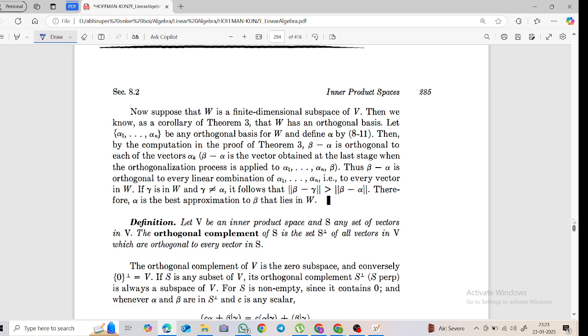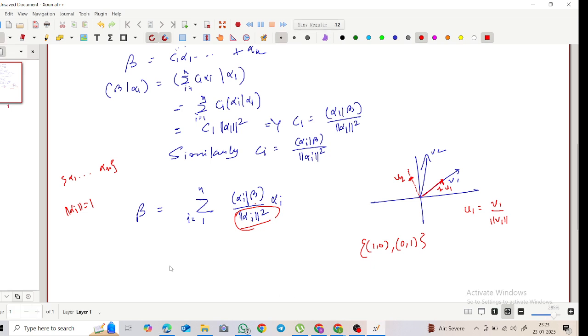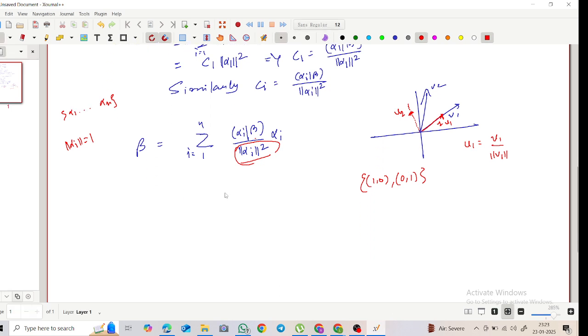Now once you have this orthogonality condition, suppose there are two approximations of beta. One is say alpha 1, another is say alpha 2. Okay. Then you will realize that this cannot happen. Then you will probably get this, right?